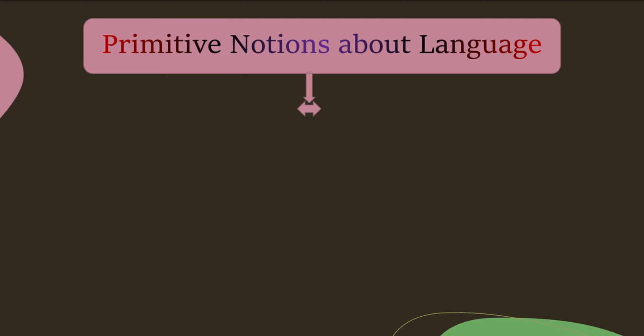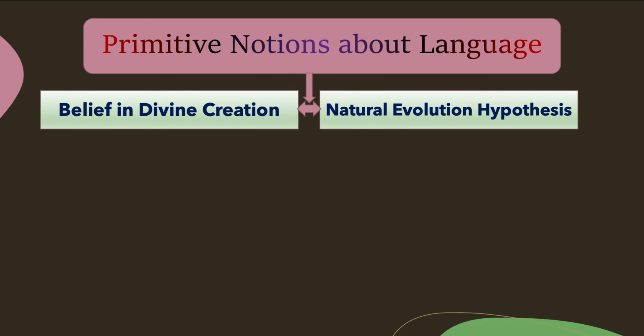These notions, these ideas, are divided into two different categories. You can say that there are two different opinions about how language originated, how language came into existence. The first is belief in divine creation, and the second is the natural evolution hypothesis.